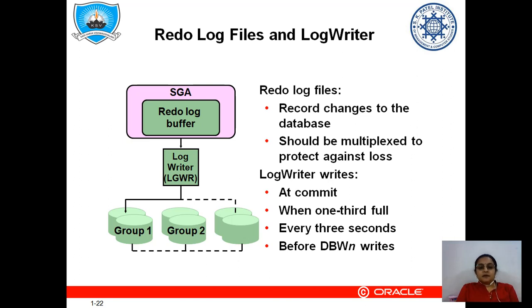So whenever the database writer process is writing data to the data files, the log writer process is writing data from the redo log buffer to the redo log files. That is how redo log files and the log writer process are related to each other, and how the database does activity for this particular action.